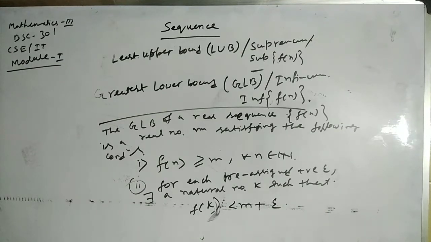That is, first of all, m should be a lower bound, and such a lower bound that if you add some very small positive quantity to m, then some of the elements of the sequence will be less than that resulting quantity, that is m plus epsilon. So m plus epsilon does not remain the lower bound. So m was the greatest lower bound.